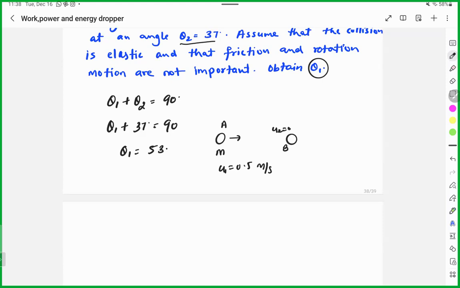Body a moves off like this, and its speed v1 will be equal to 0.3 meter per second. And then the other body b, mass m, with v2 not given. And you see both of these bodies move perpendicular to each other. If both are perpendicular to each other, then your theta 1 and theta 2 total will be 90 degrees.